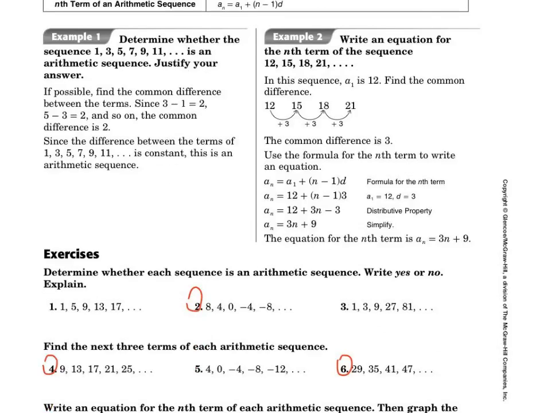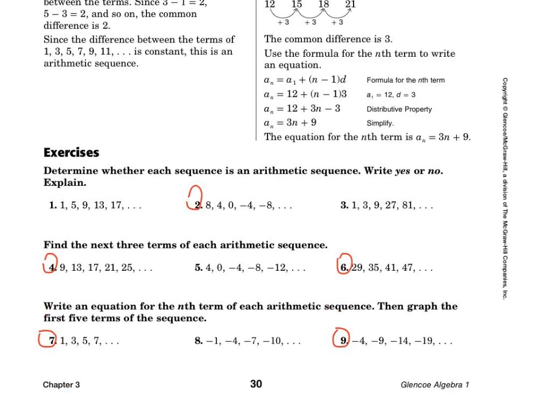Okay, let's do some extra practice independently. On this sheet, you're going to do number 2, number 4, 6, 7, and 9. Read the directions for each section, please, and follow them. Okay, here you're going to write yes or no. Is each sequence an arithmetic sequence, and explain.